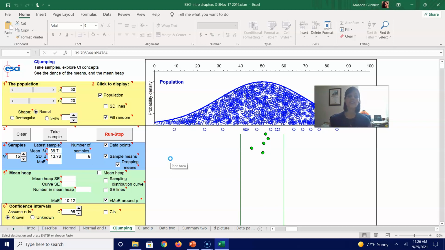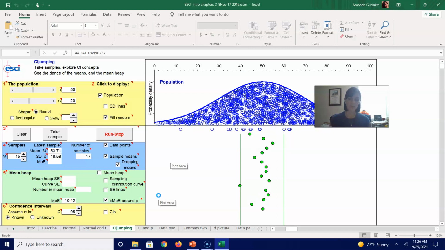Very few of these means that we're getting from these samples, and remember our sample size is 15, very few of these are going to fall outside of the margin of error. In this particular instance, we do see at least one that is right on the border. But so far, most of our data is actually falling within those lines.